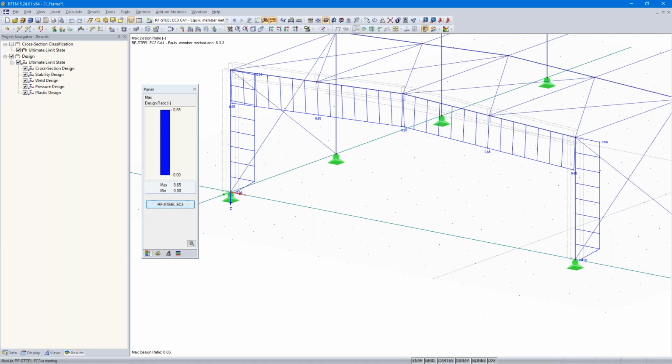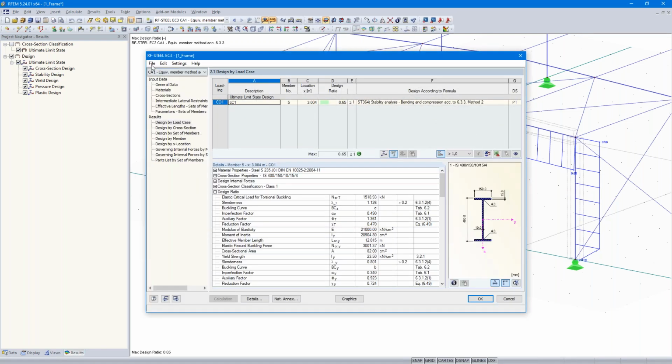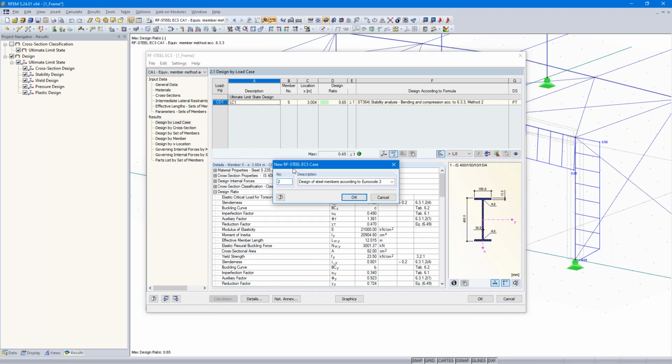Okay, then we choose here a new case, and I name it General method according to 6.3.4.